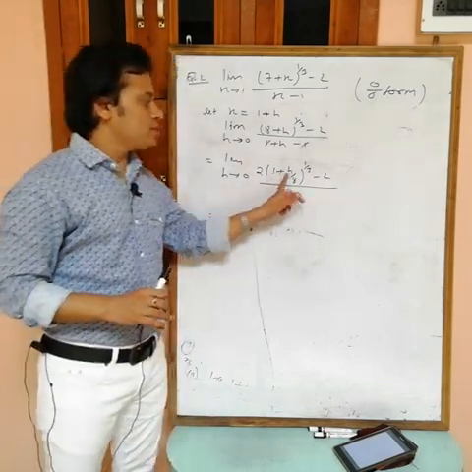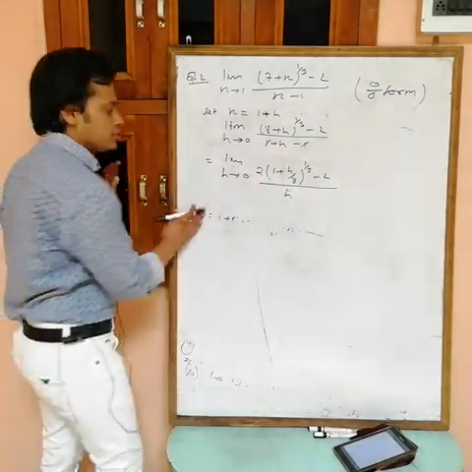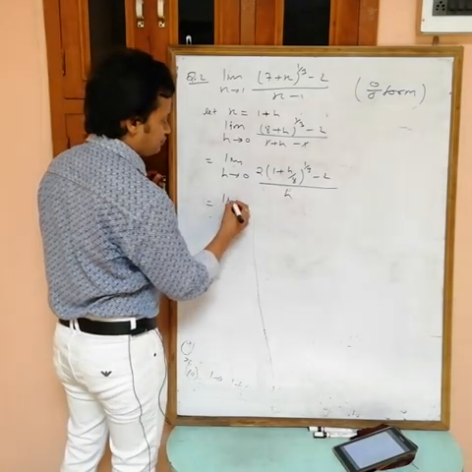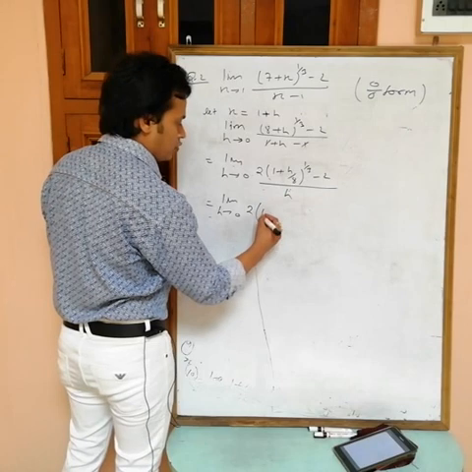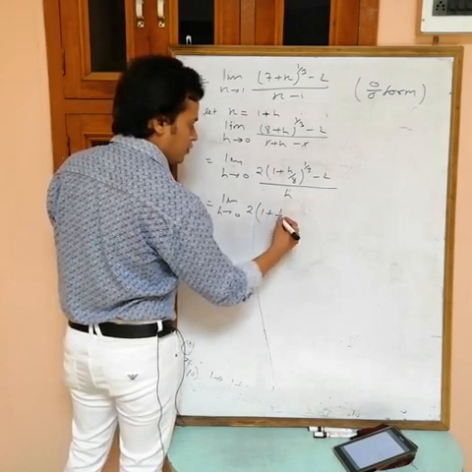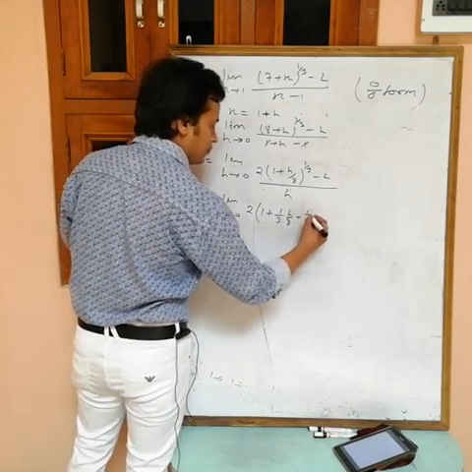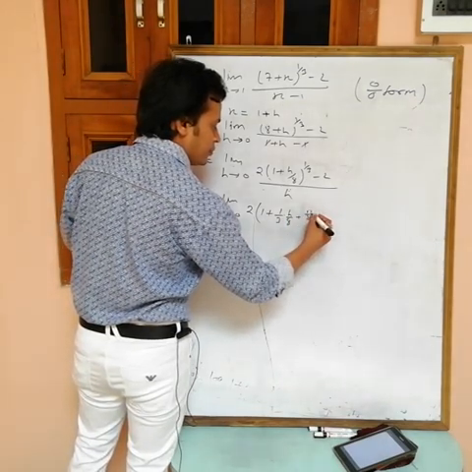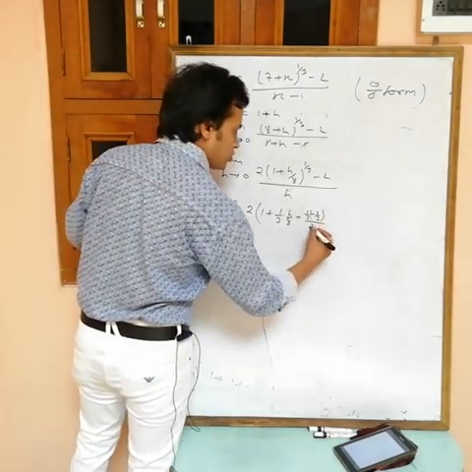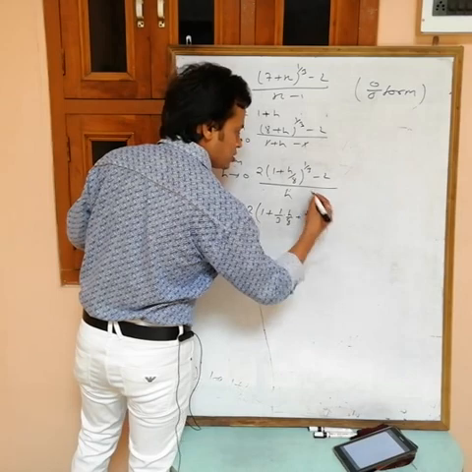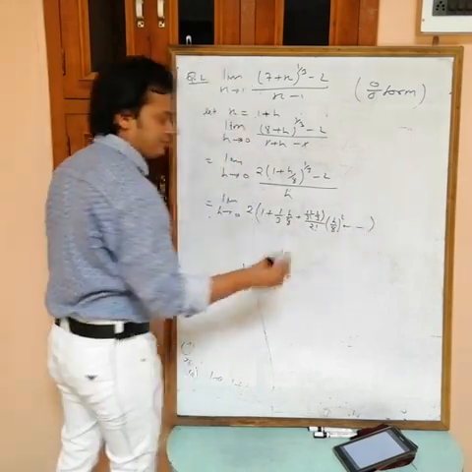Now this is the (1 plus x) power n form, so I can use the binomial expansion. So use limit h tending to 0, this is 1 plus n h, that is 1 by 3 into h by 8, plus n into n minus 1, n minus 1 is 1 by 3 minus 1, by 2 factorial, h by 8 whole square.